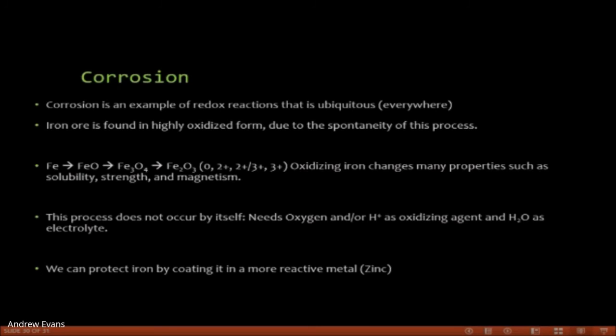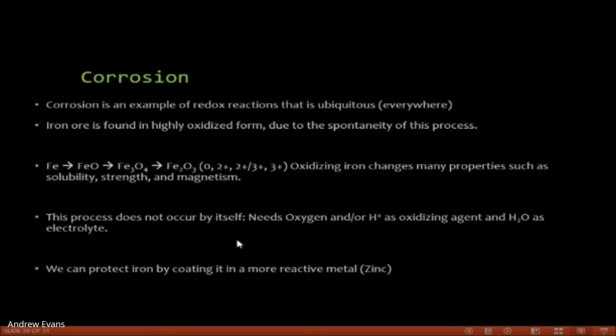You need the water for the oxygen to dissolve into to help transfer those electrons. It won't happen otherwise. Especially acidic water will really help this along. So we need those two things. You get a wet surface with acid and water, with oxygen dissolved into it, and it will start oxidizing.